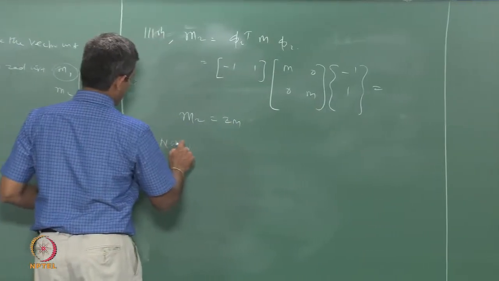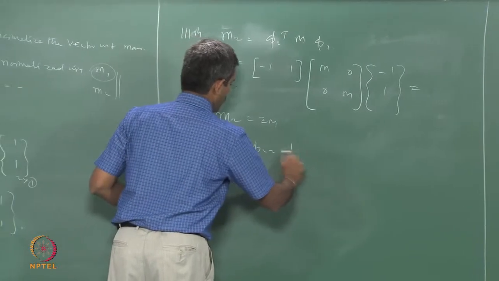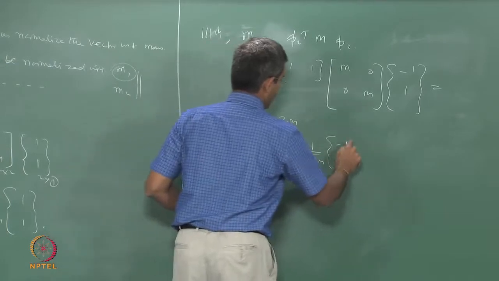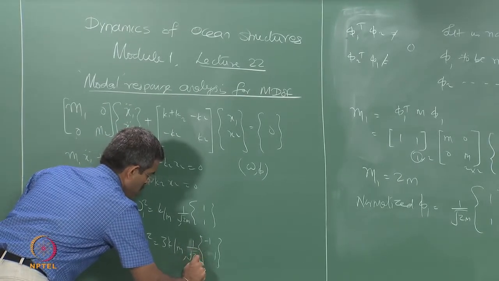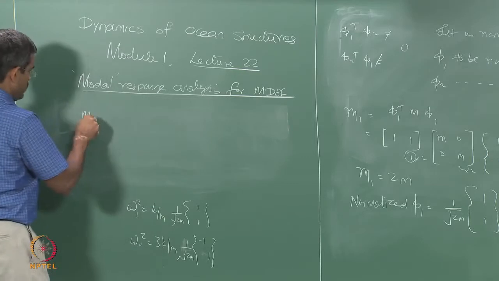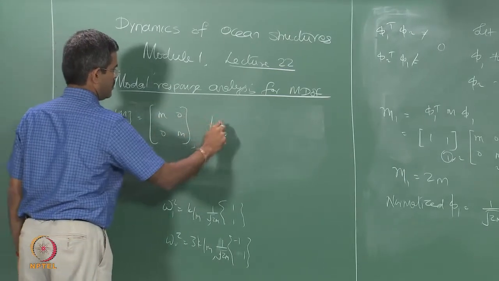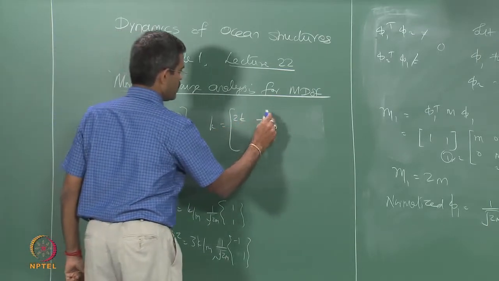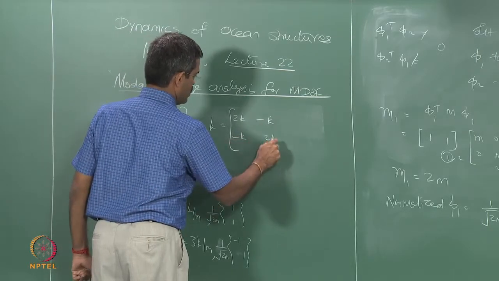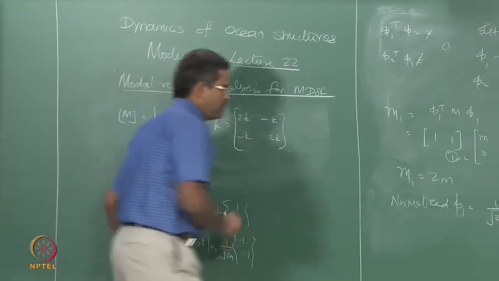So, can I say normalized phi 2 is 1 by root 2M of minus 1 and 1. That is the problem. So, we got this value.